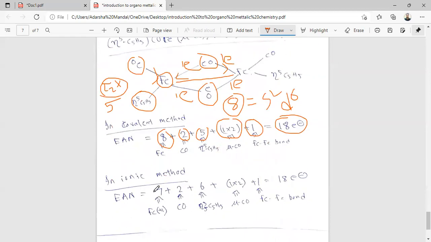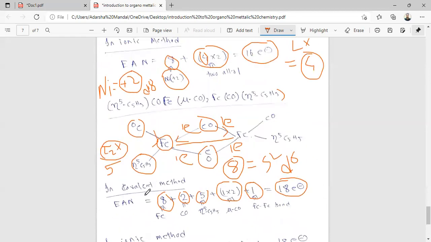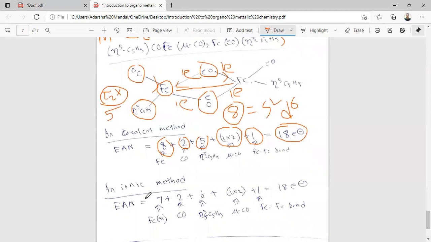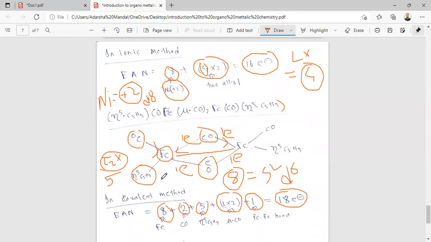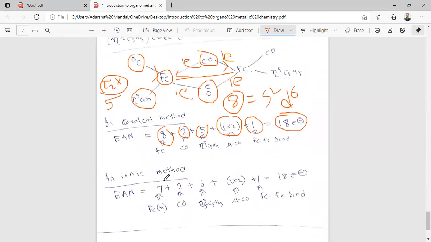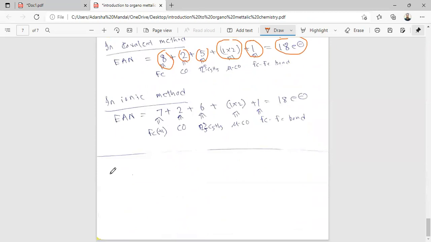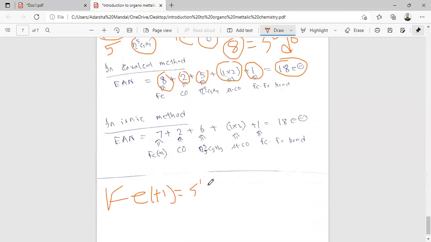So next we will calculate the electron count using the ionic method. For the ionic method, we have to first identify the oxidation state of this iron. So here iron is in the +1 oxidation state. That means it has the electronic configuration 4s1 3d6, so a total of 7 valence electrons.